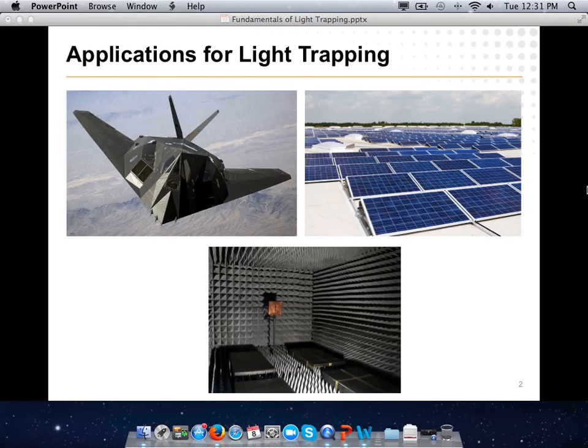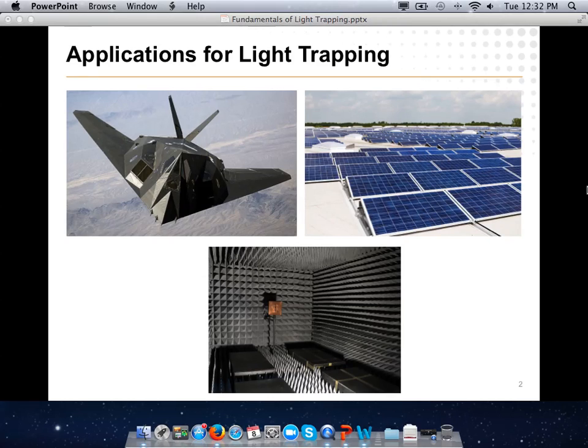You see over there on the top left, there's an F-117. That's the quintessential light trapping problem, in a sense: stealth. Not exactly light trapping, though. You remember the idea: you have a radar station sending out a really powerful pulse of light, and you're listening for echoes. There are two ways to avoid creating echoes. One is you can just scatter all the light away from the source.